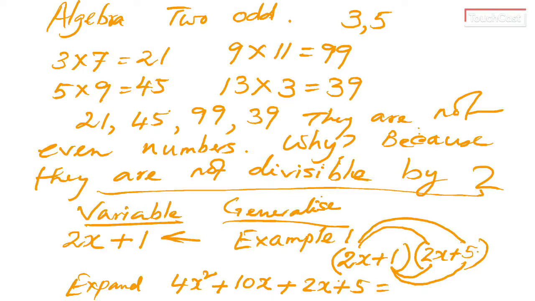Now if I simplify, that will give you 4x squared plus 12x plus 5.